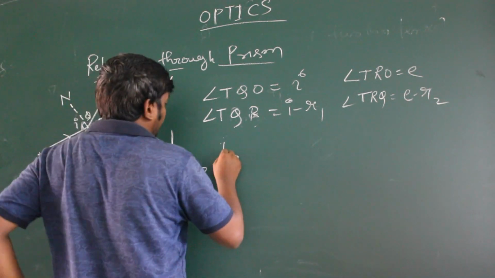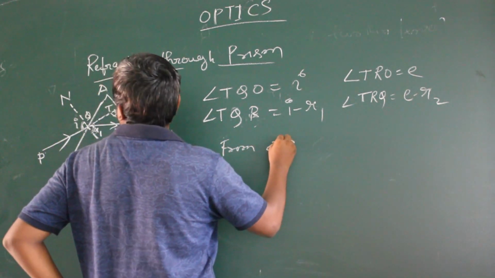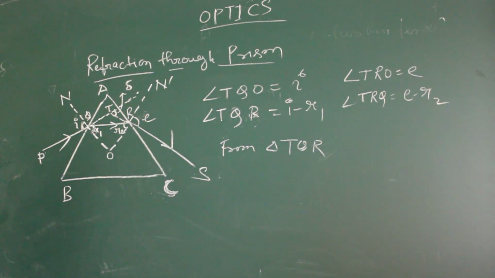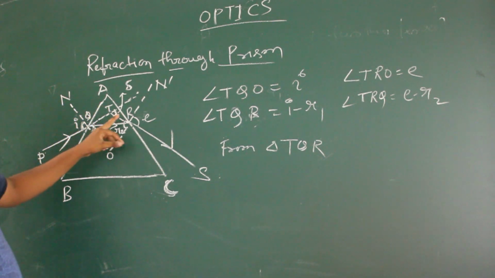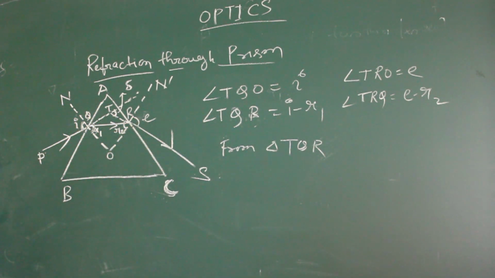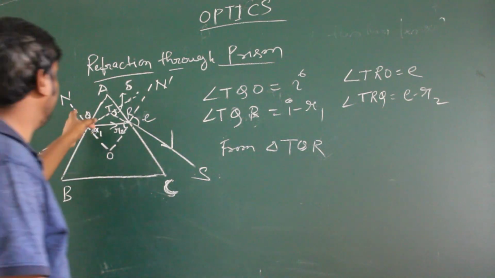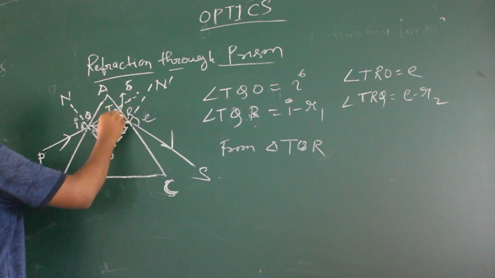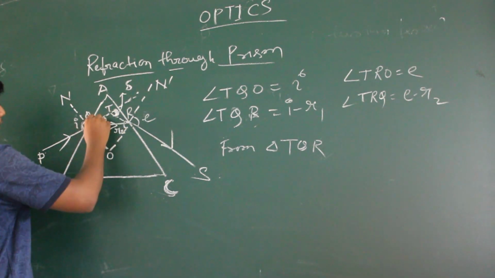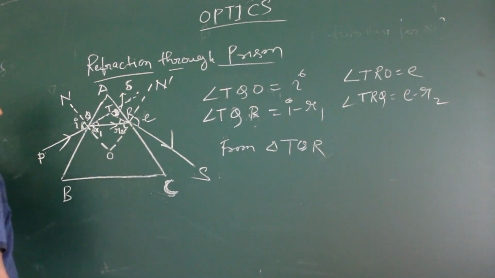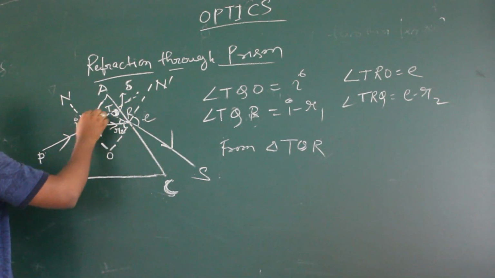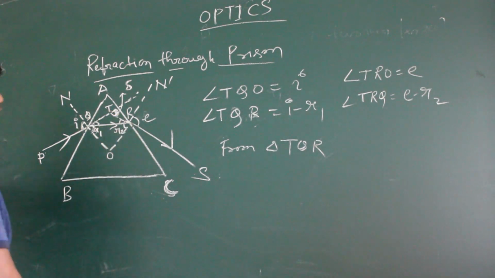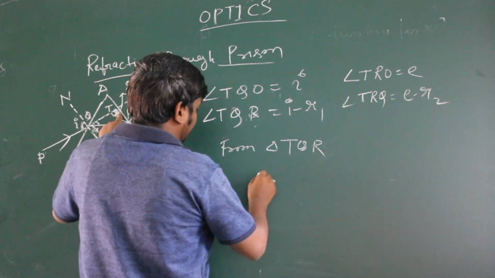Now see, from triangle TQR, this is the exterior angle, and these two will be the interior angles. So we can write, what is the exterior angle?